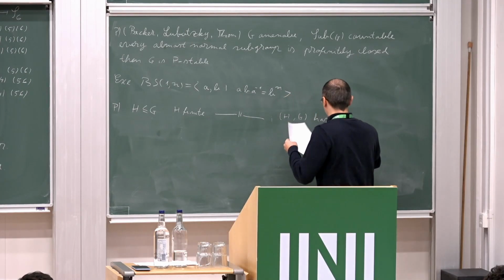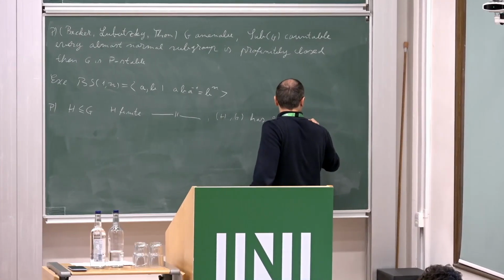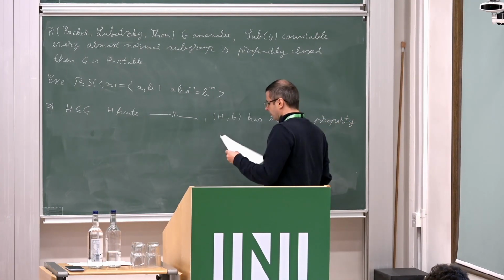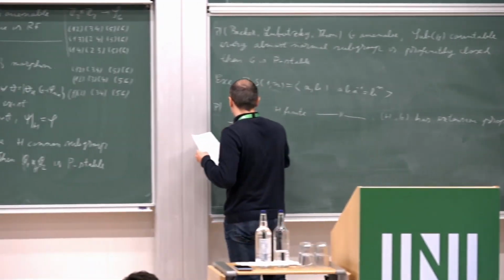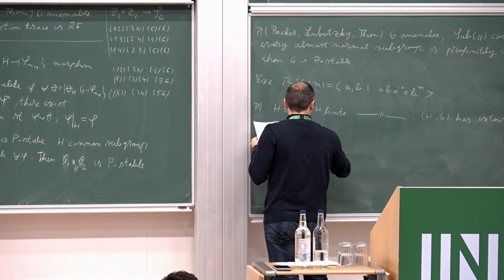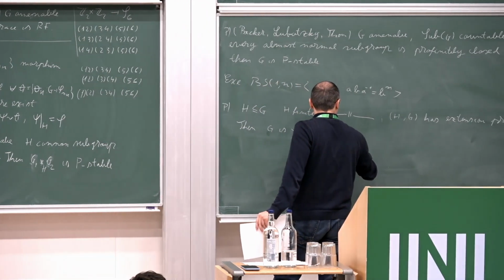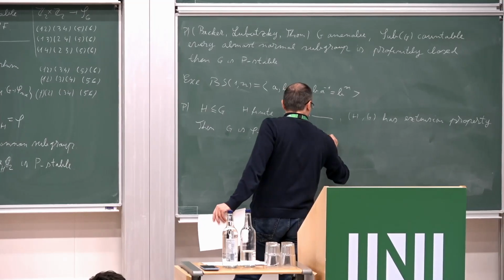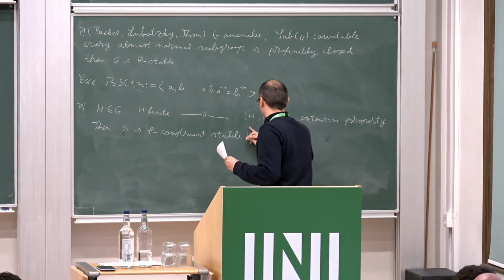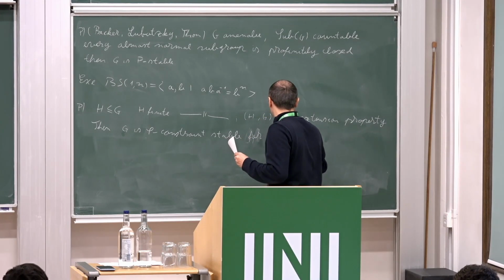I'll write in a moment what this means. Then G is phi-constrained stable for any morphism phi.